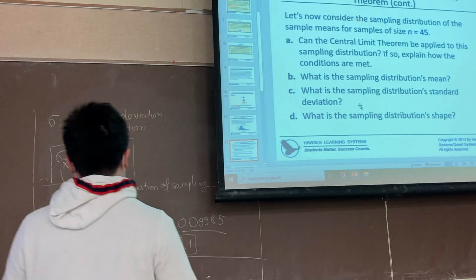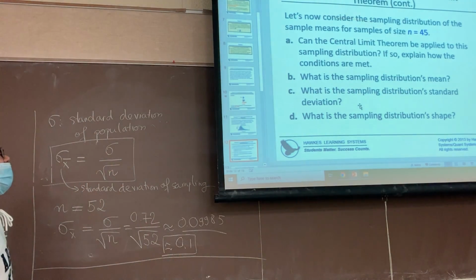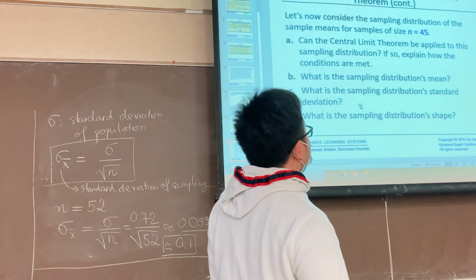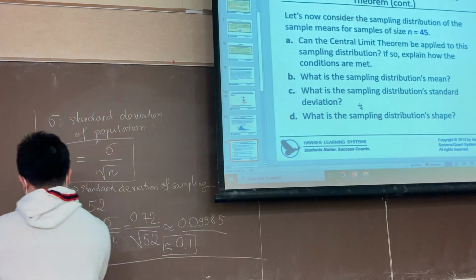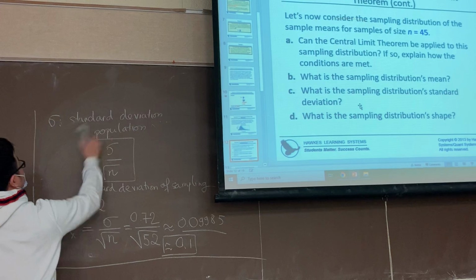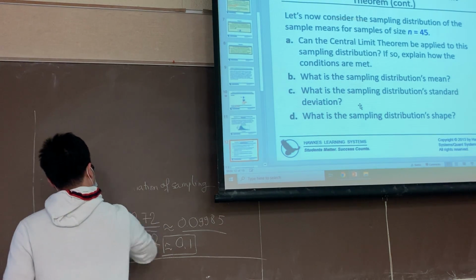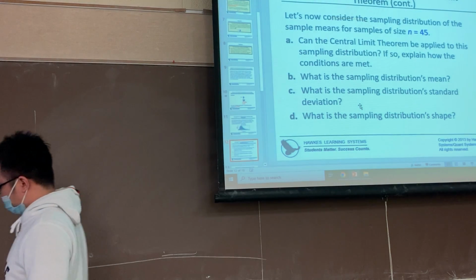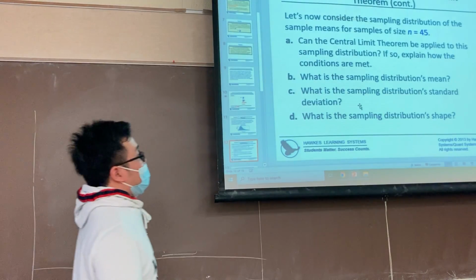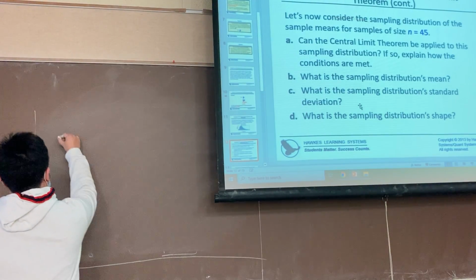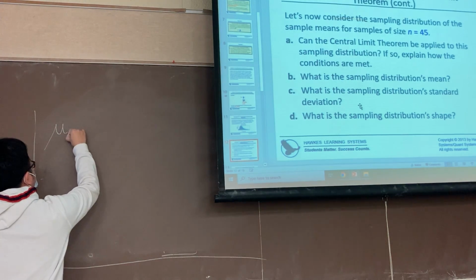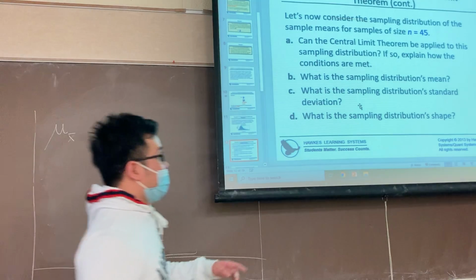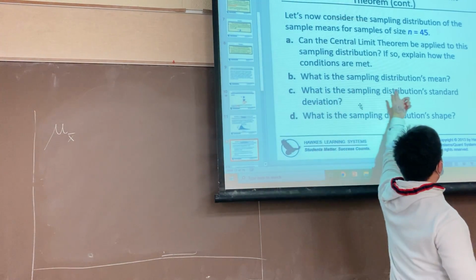Question A finished. Question B, what is the sampling distribution mean? They ask you to find the sampling distribution mean. That means they ask you to find mu x bar, right? Look at the keyword here, the sampling distribution mean.